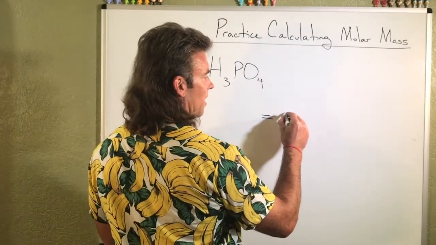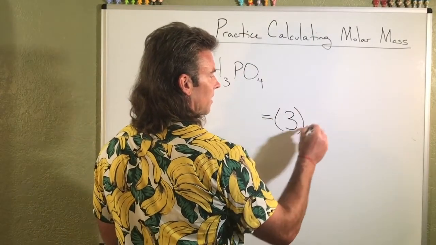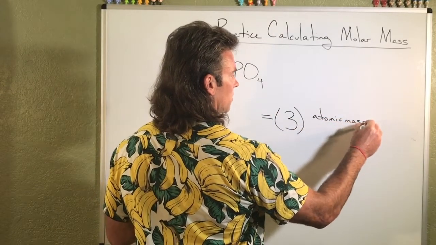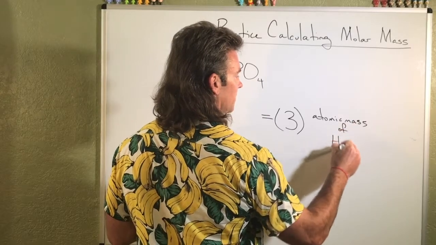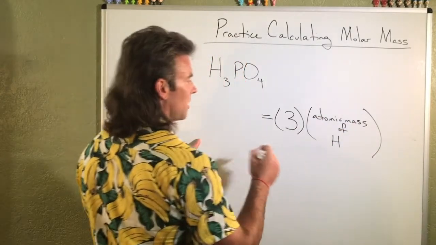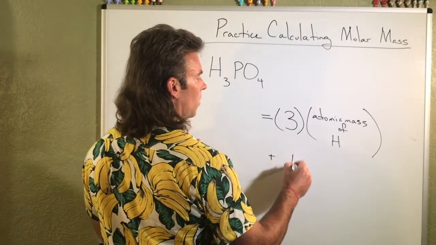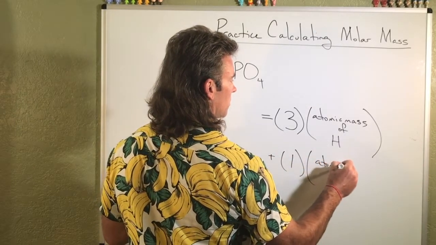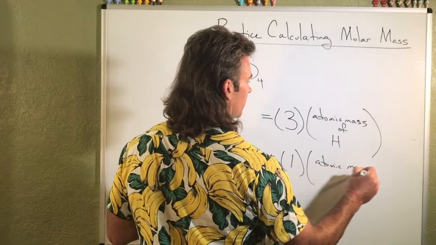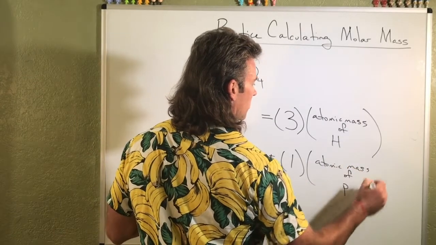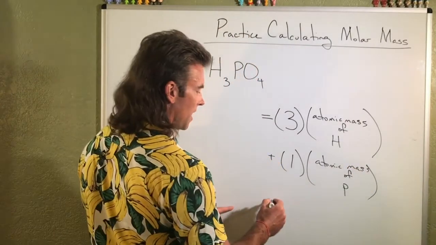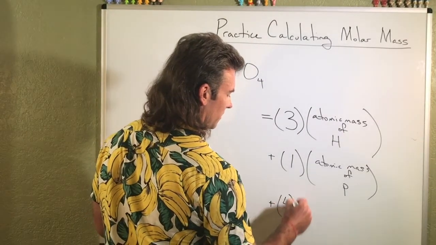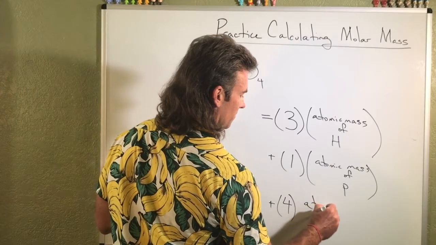We are going to take 3 times whatever the atomic mass of hydrogen is, and then we're going to add that to 1 times the atomic mass of phosphorus, and then we're going to add 4 times the atomic mass of oxygen.